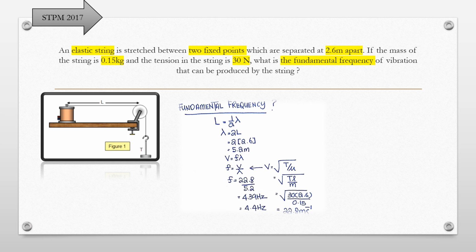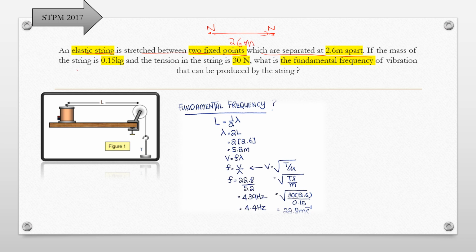Now, STPM 2017. After knowing all this concept, let's do the application. An elastic string is stretched between two fixed points, which we know fixed means a node and a node, separated 2.6 meter apart.